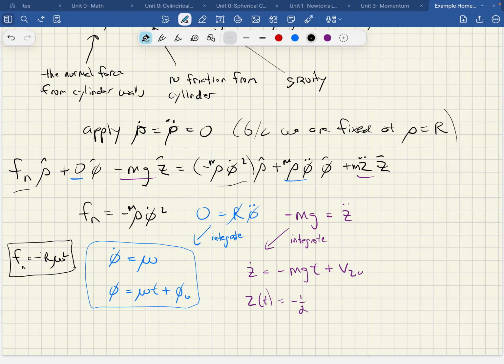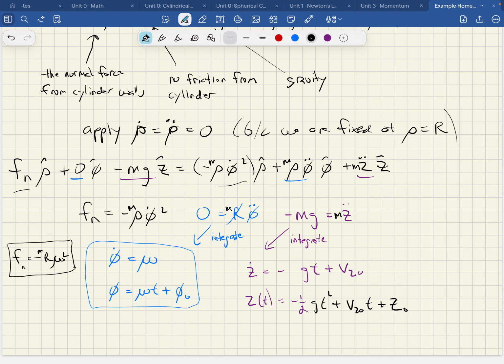This needs mass, which means this needs mass. Here, the mass canceled with the r, so it didn't really matter. But here, this is important because those are going to cancel. There we go. So this is minus 1/2 gt squared plus vz0 t plus z0, the initial z position.